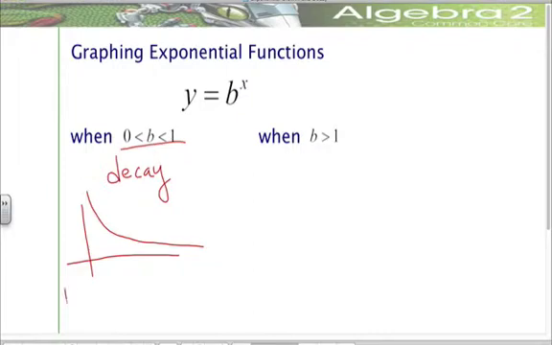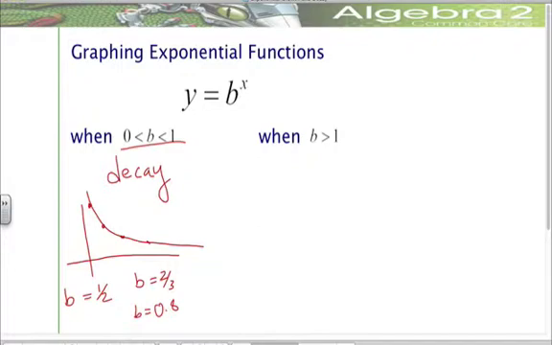So for example, if b was equal to 1/2, basically what we're saying is every time period, whatever value you have is getting cut in half, and then getting cut in half again, and then getting cut in half again. Other values of b that could work in here besides a half might be something like 2/3. You could have 0.8. So it could be in either fractional or decimal form.